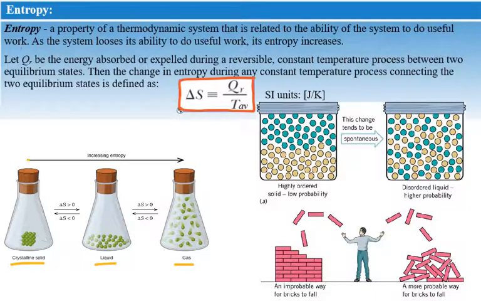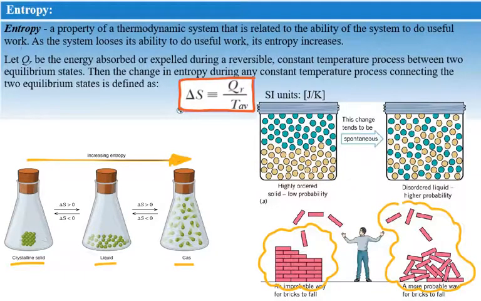The entropy is increasing in this direction because the randomness, or disorder, is higher for the gas than for the crystal. Similarly, in the next picture, a highly ordered arrangement has lower probability. You will not find bricks falling in order; they most likely will fall in disorder, so the higher probability belongs to higher entropy, not order.